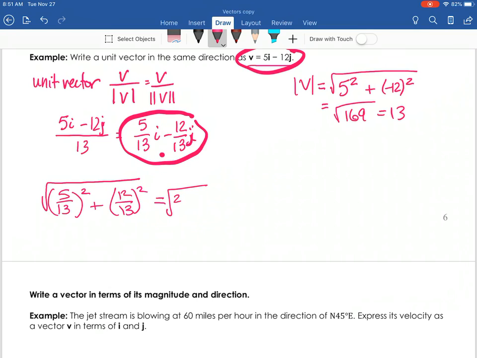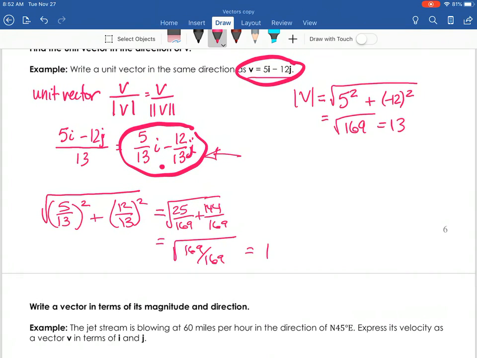So that should give me 25 over 169 plus 144 over 169, which is equal to 169 over 169, which gives me 1, and the square root of 1 is 1, so it works. So this has a length of 1, but it's still in the same direction as this.